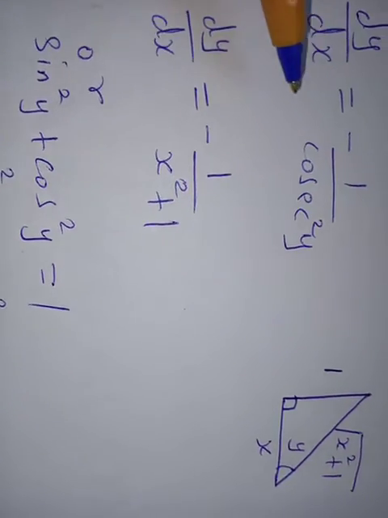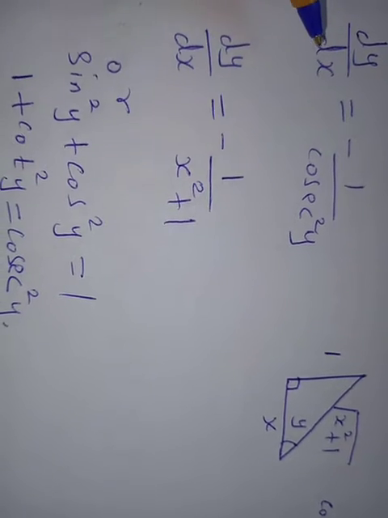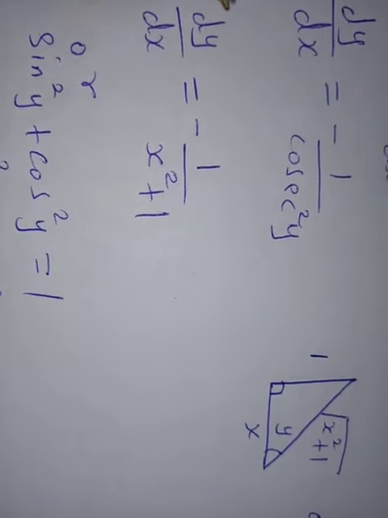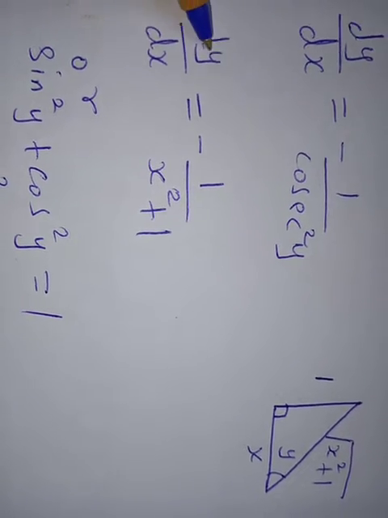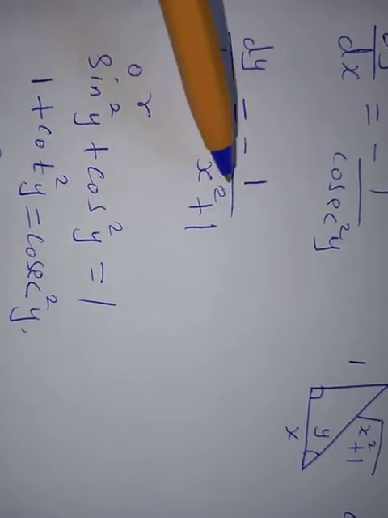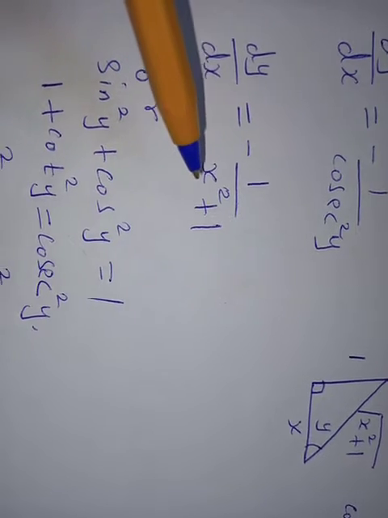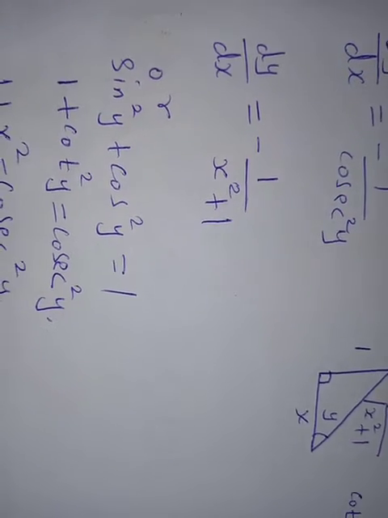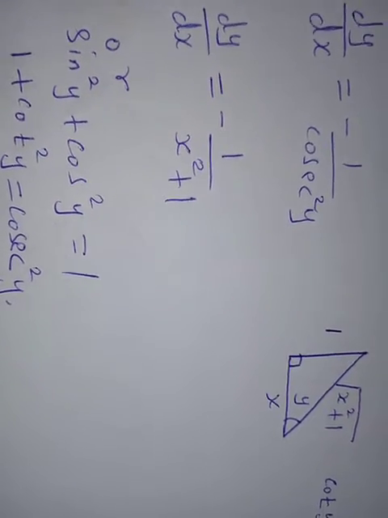Now we substitute our answer here. So dy over dx will be equal to negative 1 over cosec squared y.